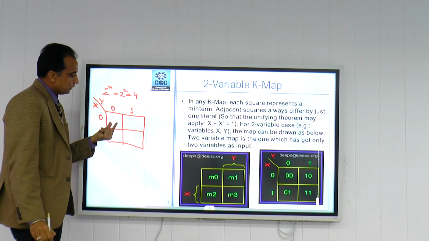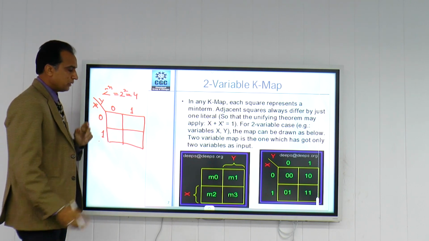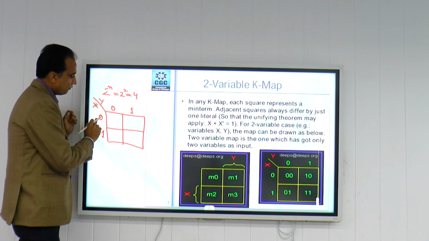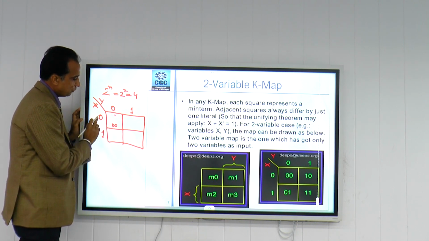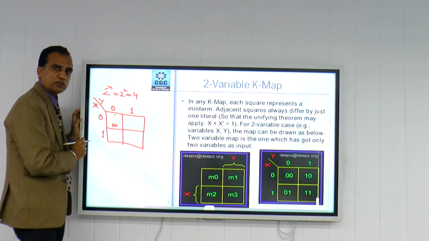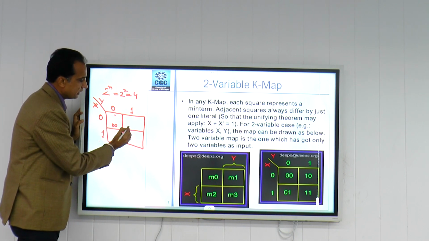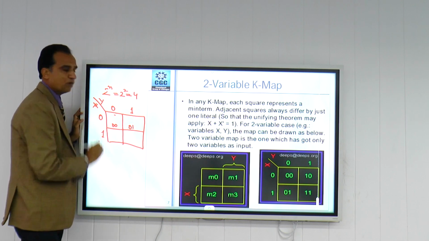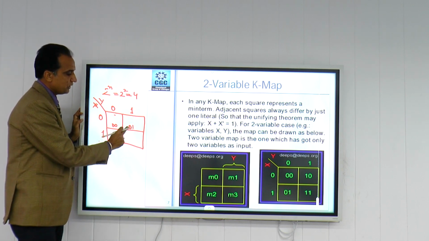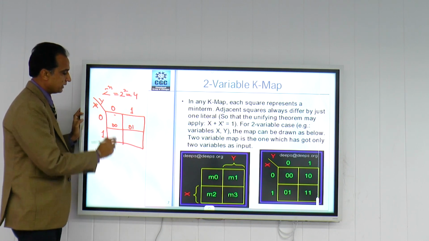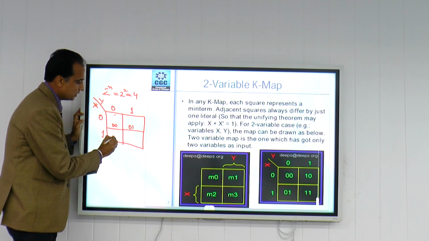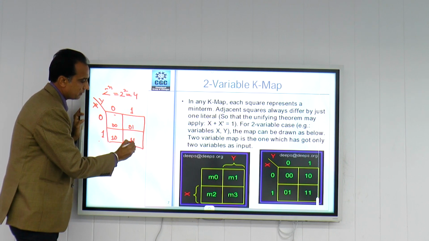Now, we have to represent the min terms in the K map. The first square grid represents 0, 0, meaning 0 value for x and 0 value for y. Similarly, this square grid represents 0, 1. 0, 1 means the first value is for x and the second one is for y. And this is for 1, 0 and this is 1, 1.